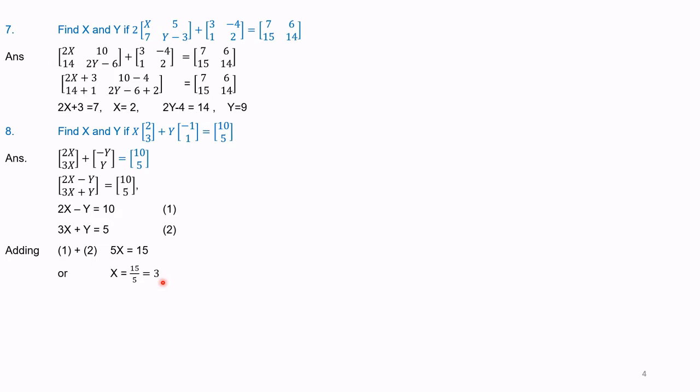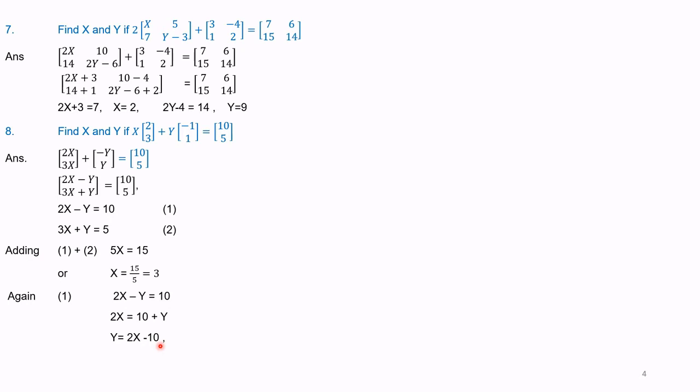Now we will proceed to find the value of y. Therefore, from the equation, we will write once again 2x minus y is equal to 10. Therefore, 2x is equal to, taking y on the right hand side, 10 plus y, or y is equal to 2x minus 10.